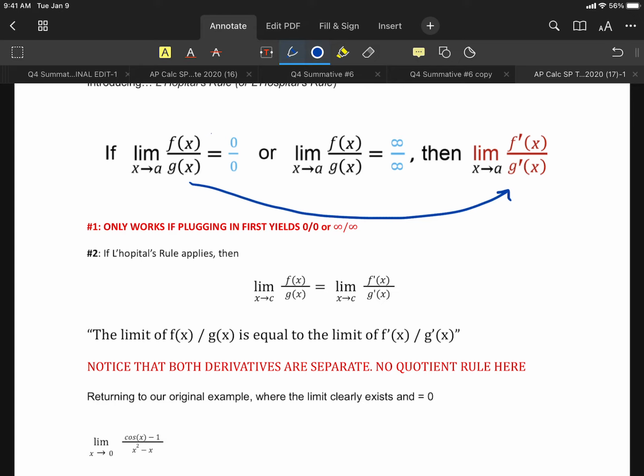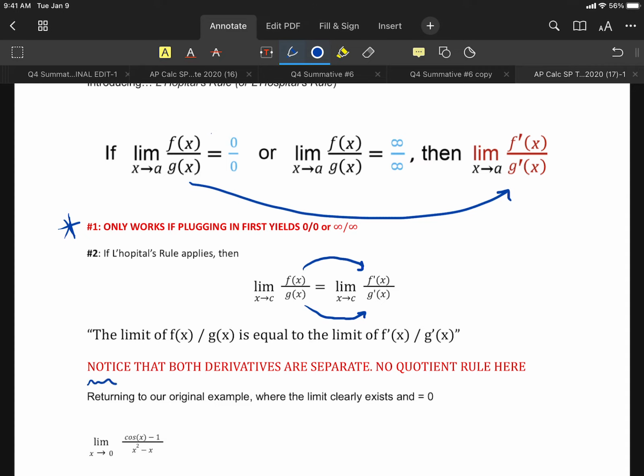So I'm going to hit a couple key points here and then show you some examples. Number one, this only works if when you first plug in, you get 0 over 0 or infinity over infinity. If you get that, then you can do L'Hopital's rule. You can take the derivative of the numerator, take the derivative of the denominator, and try plugging in again.